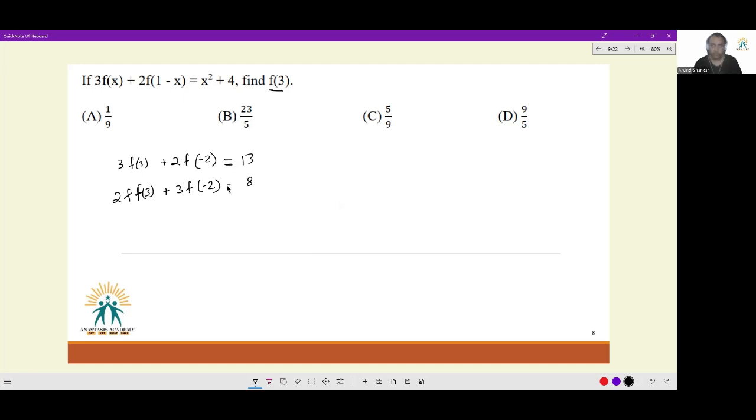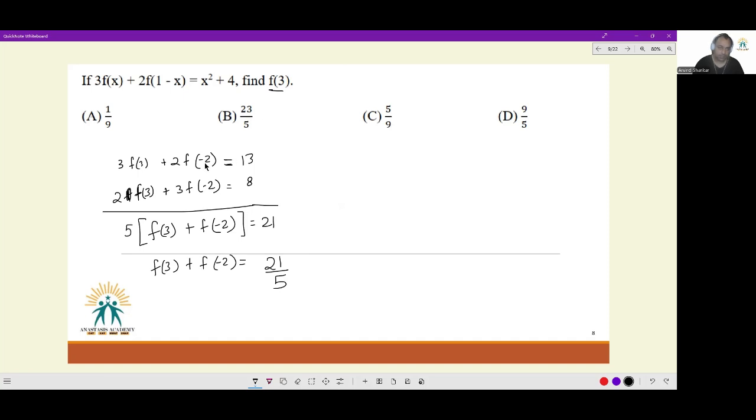Now, you can use simultaneous equation ideas, or you can solve it in whatever way you feel most comfortable. I am going to use this. Sorry, this 5 times (f3 plus f of minus 2) is equal to 21, or f3 plus f of minus 2 is equal to 21 by 5.